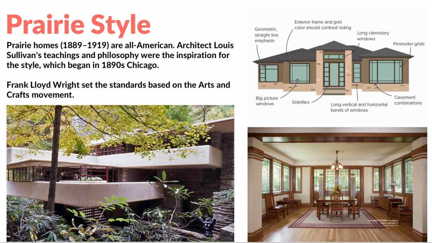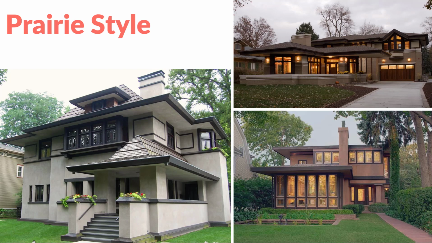Some of the common things we see are large picture windows, side lights on the sides of doors, vertical and horizontal banding of windows, clerestory windows above that let light in but allow for privacy, things like that. Very geometric. A few more examples.